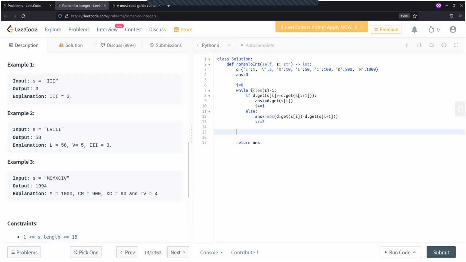We cannot use equal to here. If we use equal to here, then in the last index case, we will not get i plus 1. This will give us a string index out of range error.